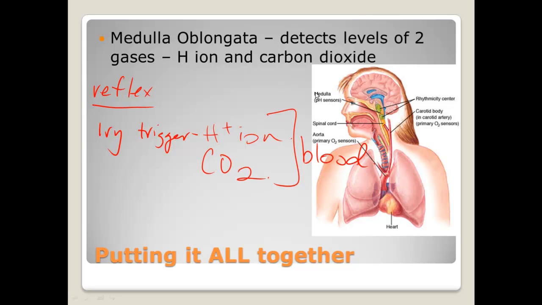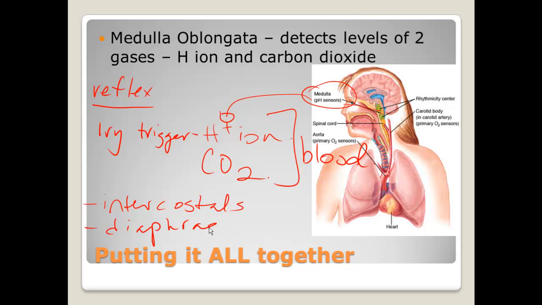So the medulla oblongata senses, because remember, hydrogen ions are like pH, so more hydrogen would make our blood acidic. They are going to control the two sets of muscles, the intercostals and the diaphragm. So the medulla oblongata sets the pace at which these contract.